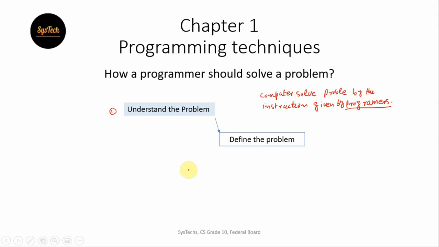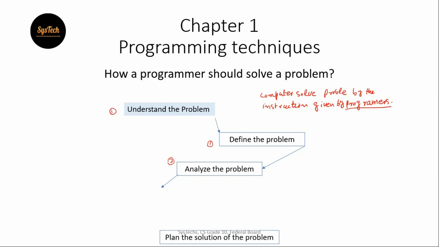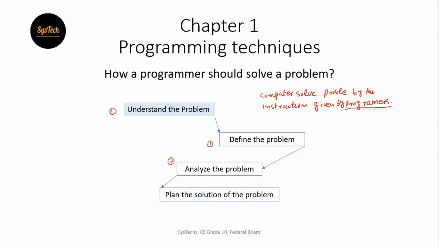And the second step is, after defining the problem, analyze the problem. So this is number one, this is number two. And after analyzing the problem, the programmer should plan for the solution. What solution is possible? The programmer should plan it.